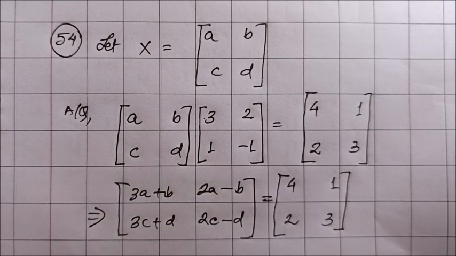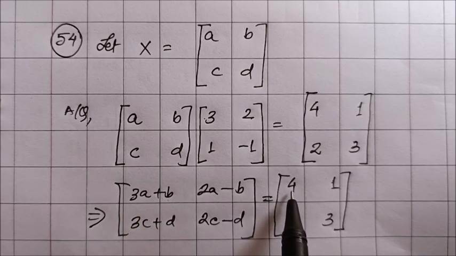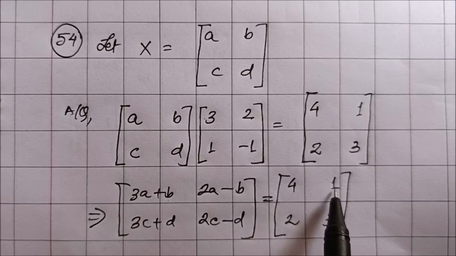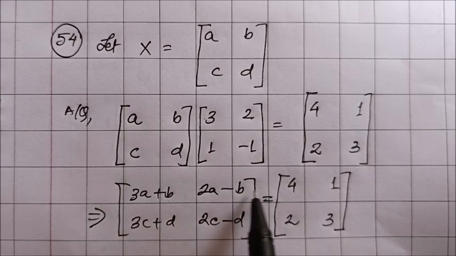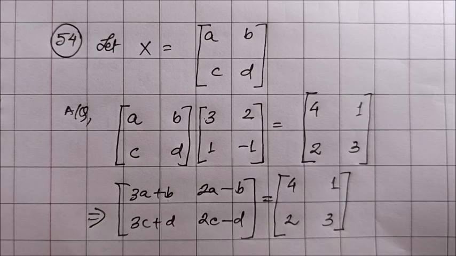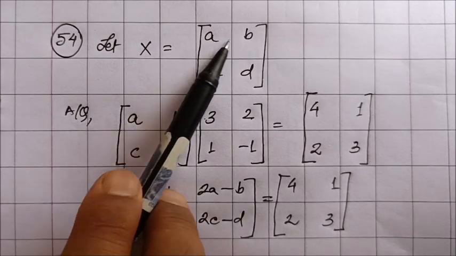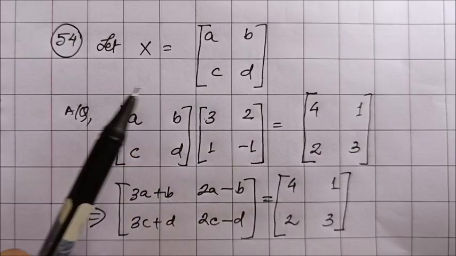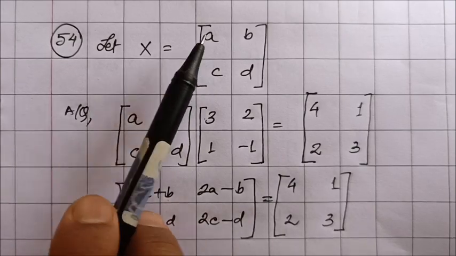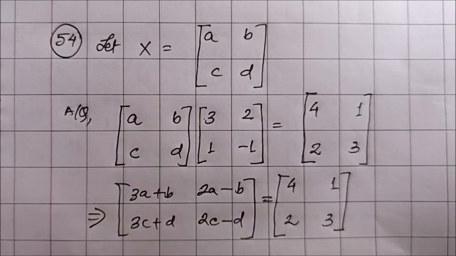Now we have to equate: 3a plus b equal to 4, 2a minus b equal to 1. So two equations, two variables a, b. These two equations will give us the value of a and b. These two equations will give us the value of c and d. And whatever values of a, b, c, d we get, we put them in this matrix and get the value of the matrix.